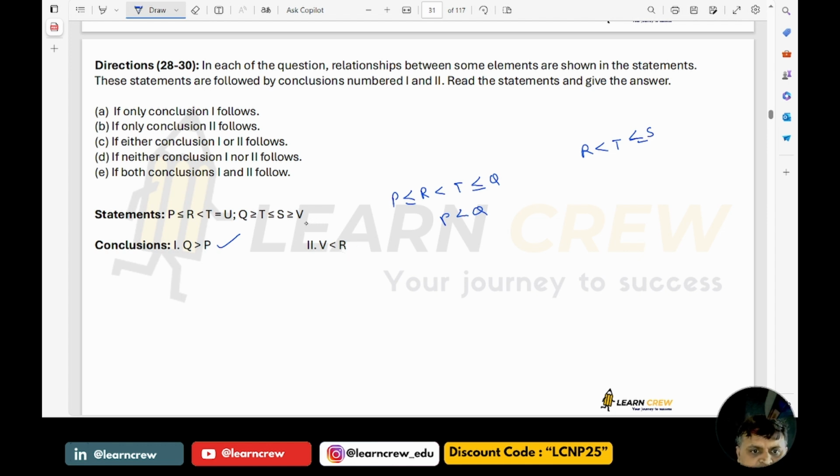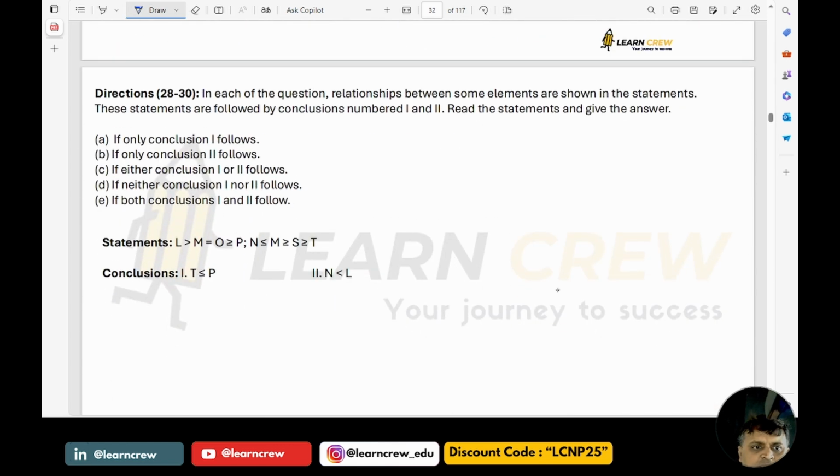S greater than or equal to V. So here you are getting multiple inequalities, greater and lesser. R less than T, T less than or equal to S, and S greater than or equal to V. So between R and V you cannot frame a relation, because the relationship cannot be established. So here it is false. So only option A, only one follows. Next one.